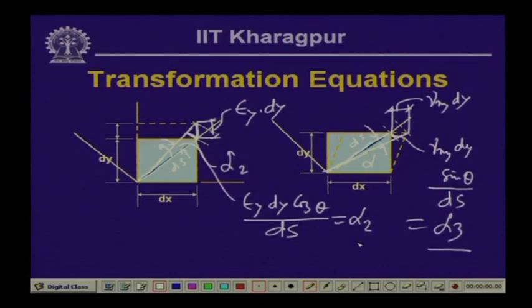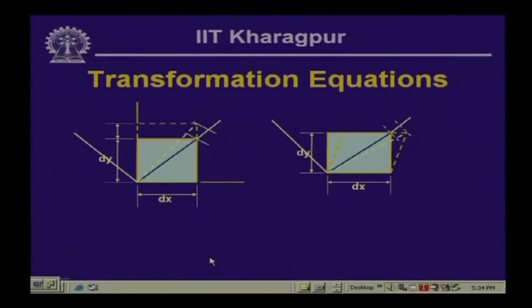So, now that we have 3 angles alpha 1, alpha 2, alpha 3, please note that angle alpha 1 is in the clockwise direction, angle alpha 2 is in anti-clockwise direction, and angle alpha 3 is in a clockwise direction.